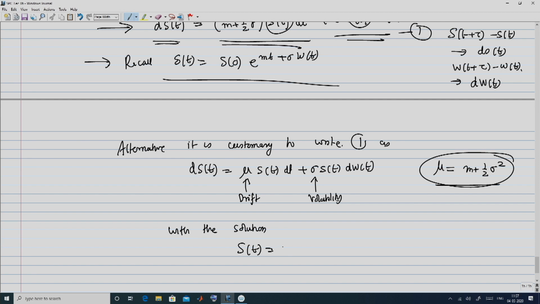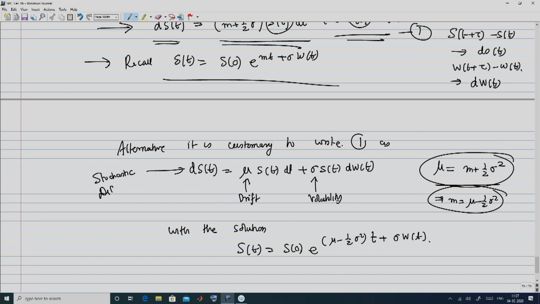S(t) is equal to S0, and what is m? m is equal to mu minus half sigma squared. So, this is e raised to (mu minus half sigma squared) t plus sigma W(t). This is an example of what is known as a stochastic differential equation.